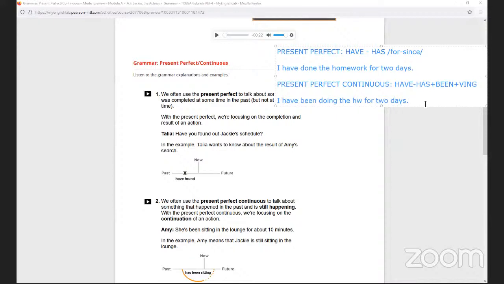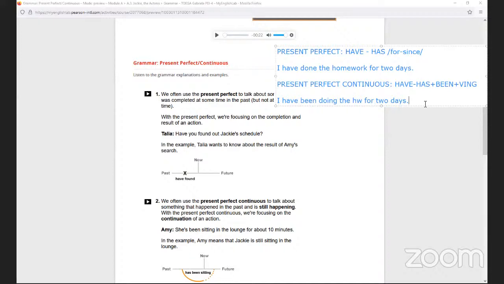Well, at first sight, it's like in the first sentence the activity ended, like she did the homework in that time, in 2 days, but in the second sentence the activity is still in progress. I don't know if I'm right.